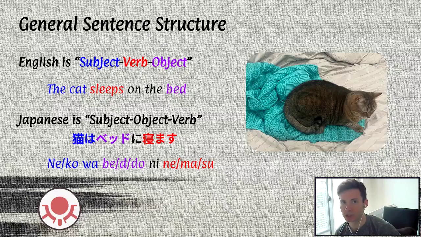We have the subject, which is performing the action, the object, which the action is being taken upon or by, and finally, the verb. So in our sentence, the cat sleeps on the bed now becomes neko wa, the cat, bedo ni, on the bed, nemasu, sleeps. The cat sleeps on the bed.